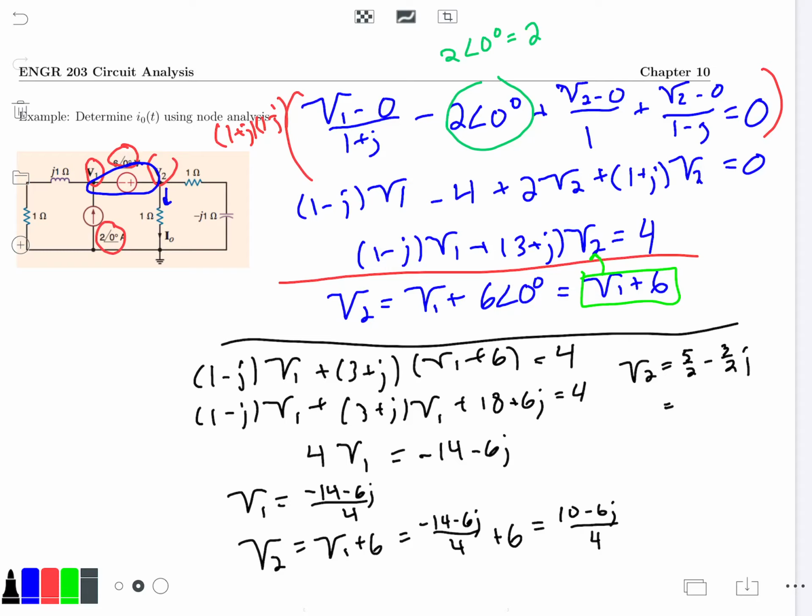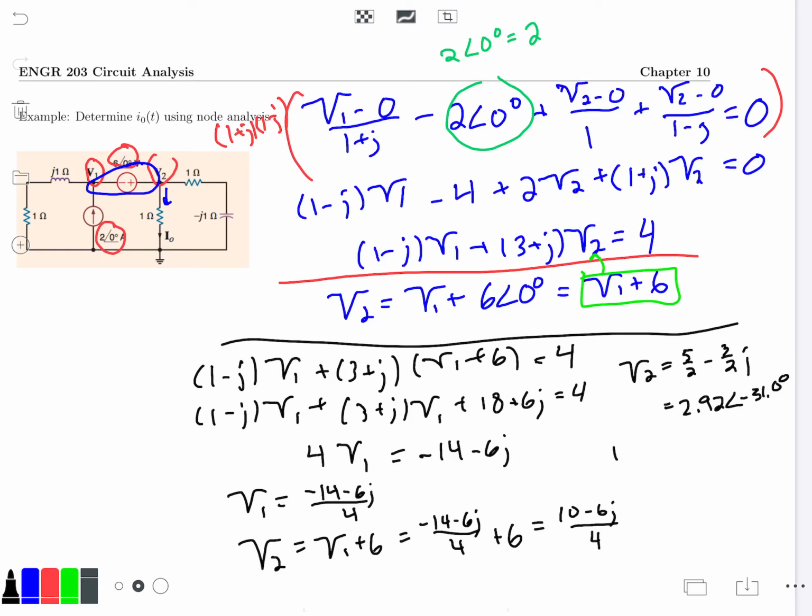And I'm going to go ahead and write that in polar notation here, because we're going to make our life a little bit easier here. So 5 over 2 minus 3 over 2 j. And let my calculator do the work here to convert that into polar. And I get 2.92, let's say, angle negative 31.0 degrees.